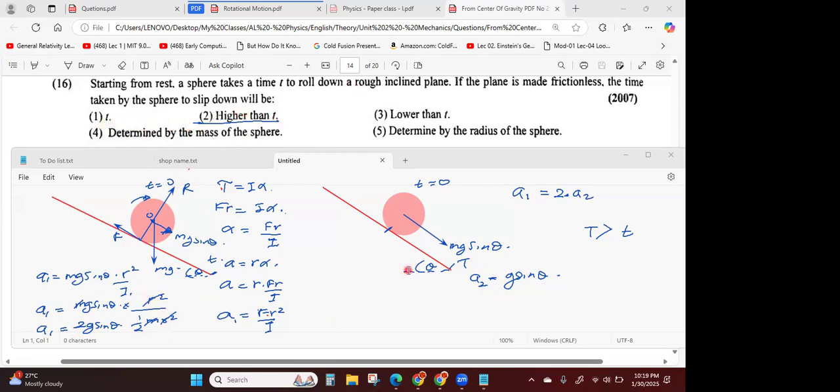So the answer is higher than t because here the acceleration is smaller than when it is rolling, so it takes a longer time. So capital T is larger than small t.